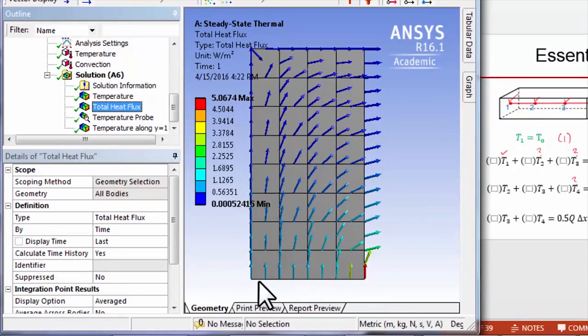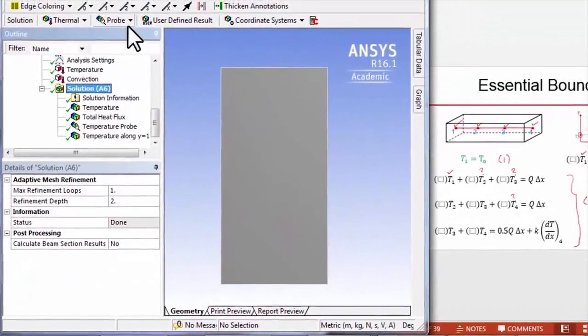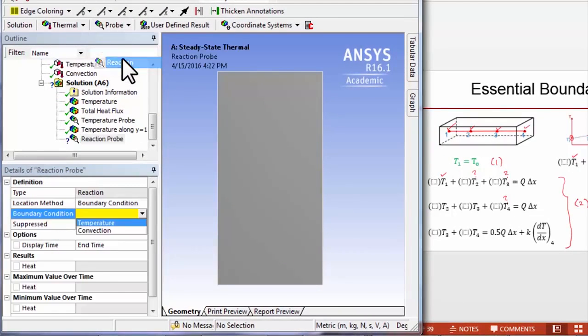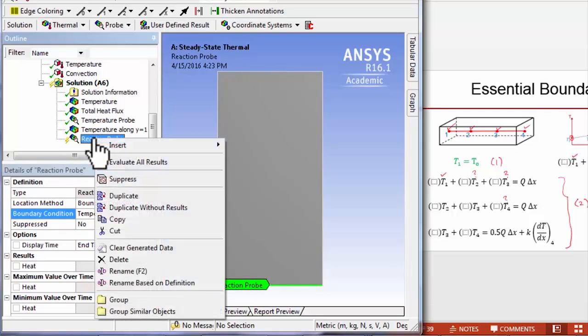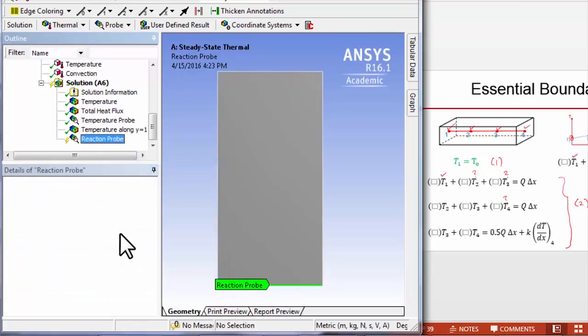So let's calculate that reaction at that essential boundary condition. So I'll highlight solution in the tree, and I'll say probe reaction, and I'll pick my temperature boundary condition, and I'll say evaluate all results.